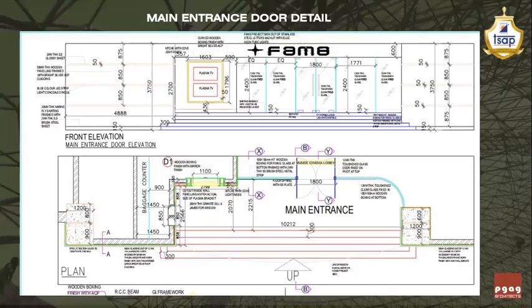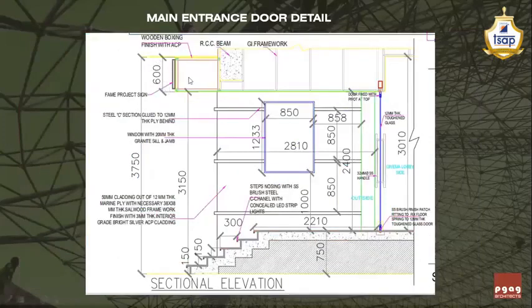Now you are seeing the section of this particular boxing. This portion of the boxing is done in wooden framing, and the rest of the area has been done in GI framing, that is galvanized iron framing, because it's a gypsum false ceiling.